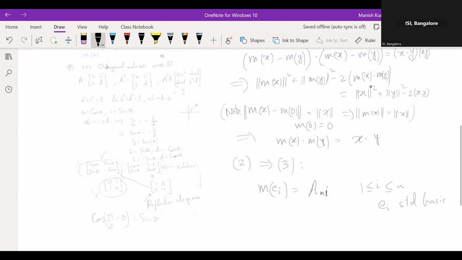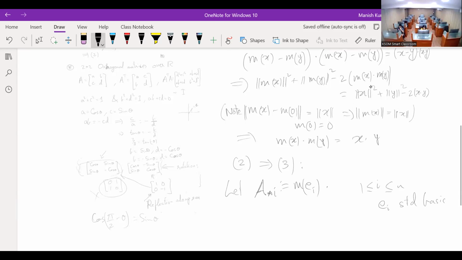Or rather it should be written differently. A star i is Mei. That is the right way. Ei is already known. We are trying to define A star i, and you define it as Mei.